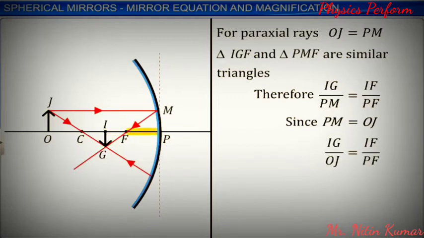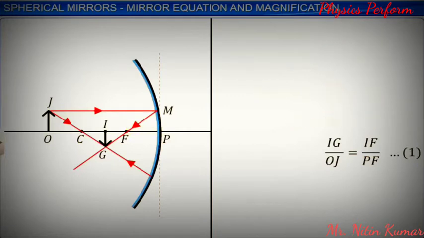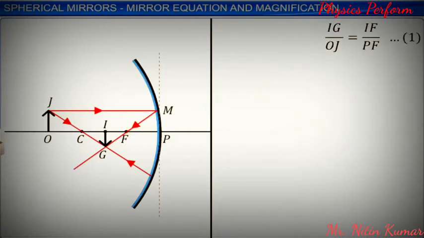Now, observe the two triangles OJC and IGC. Since they are also similar triangles, we can write IG by OJ is equal to IC by CO. Let this be equation 2. From equations 1 and 2, we can write IC by CO is equal to IF by PF. Let this be equation 3.